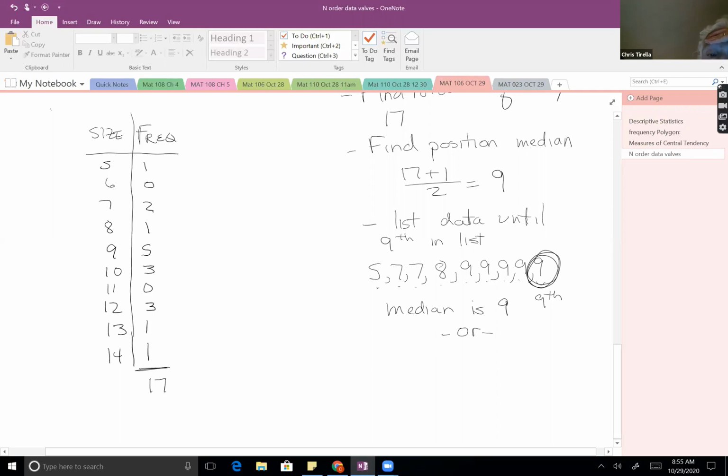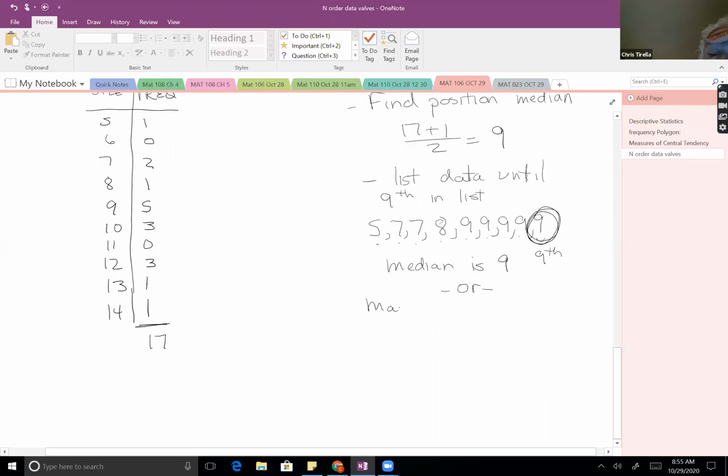Or we can make a cumulative frequency column, which is like a running total of the frequencies.